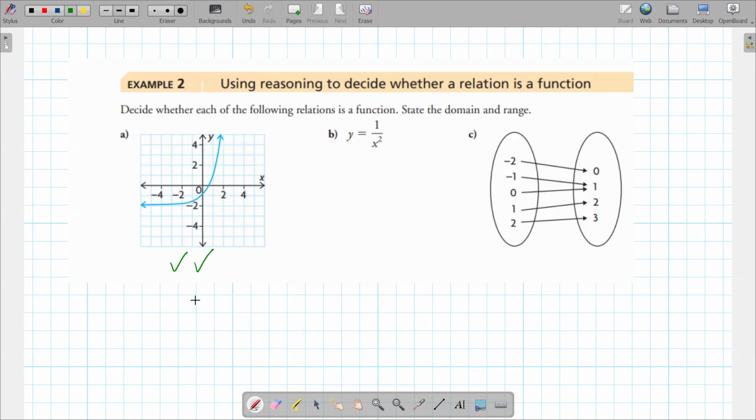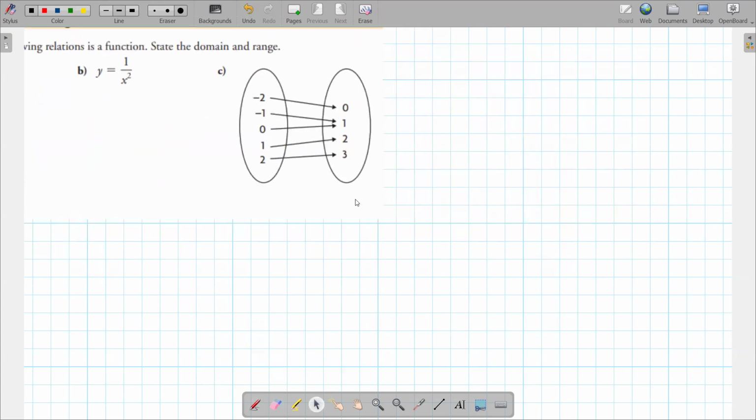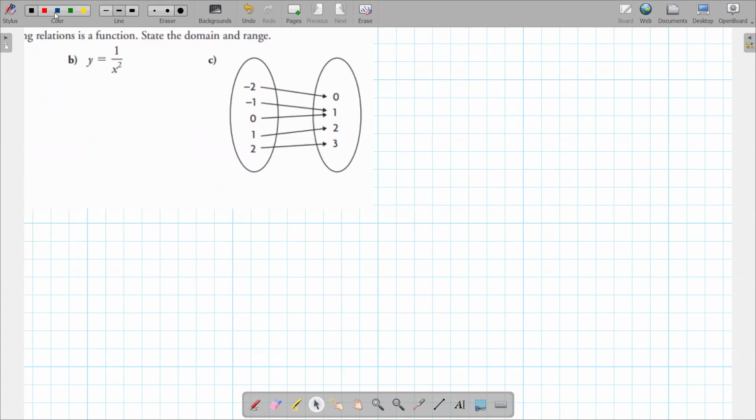What about B? Is B a function? It's hard to tell, yeah? It is, right? It is. So let's prove it. So the goal is, what does 1 over x squared even look like? What kind of a function is this?